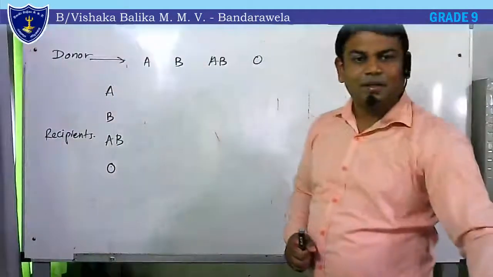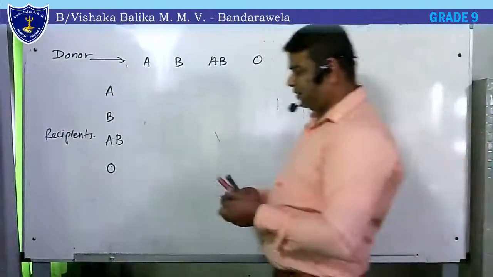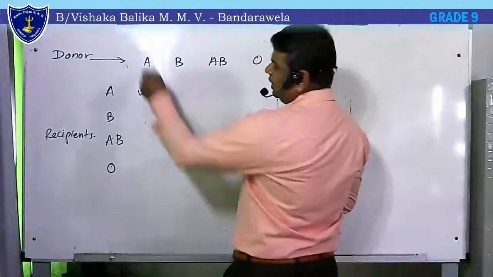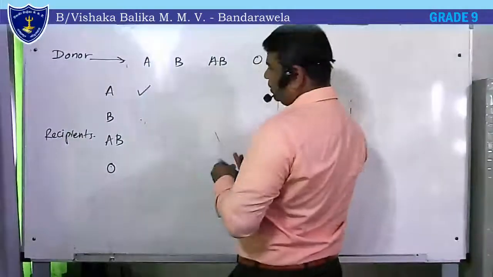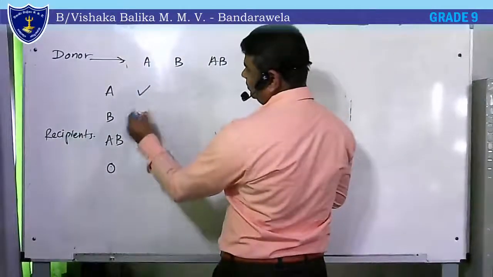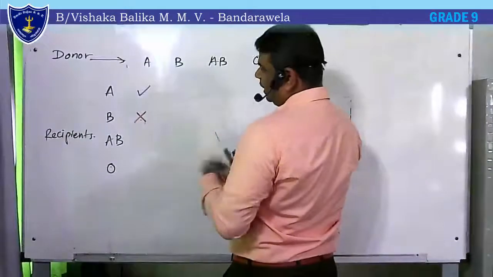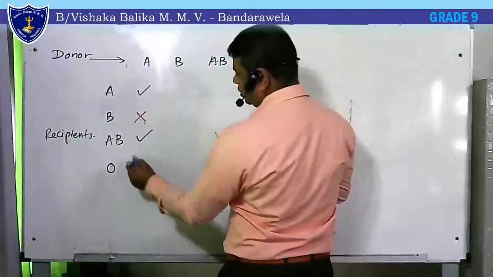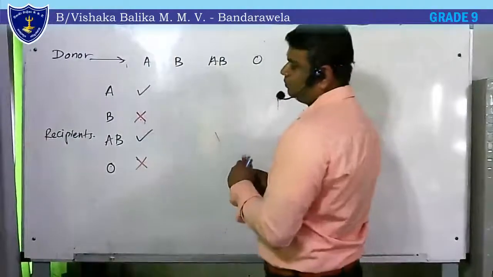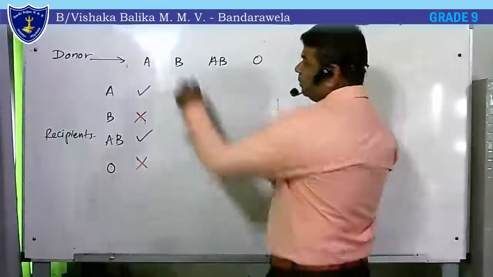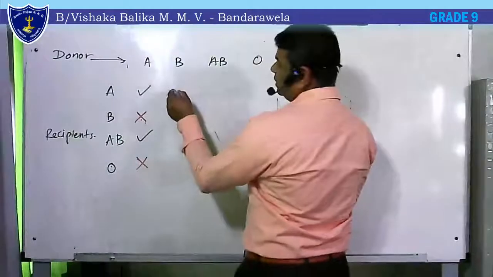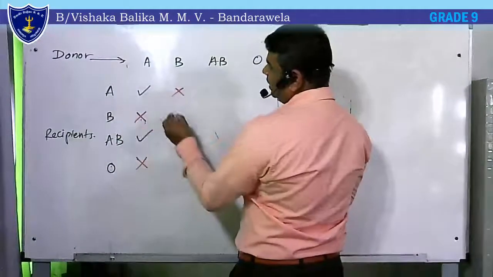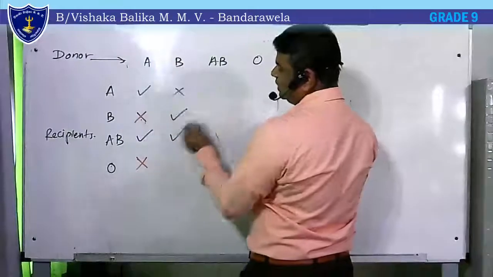Okay. When A is given to A, it is possible, yes. A given to B, impossible, can't give. A to AB, yes. A to O, no. B to A, no. B to B, yes. B to AB, yes.